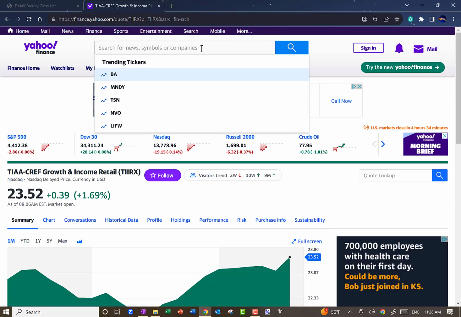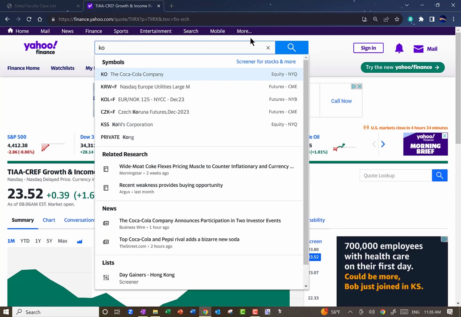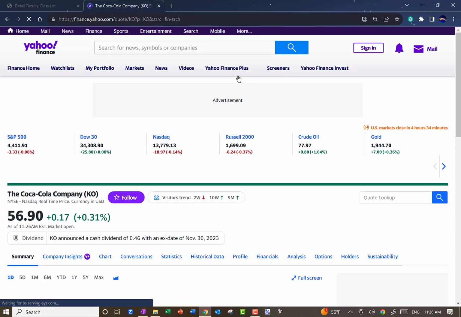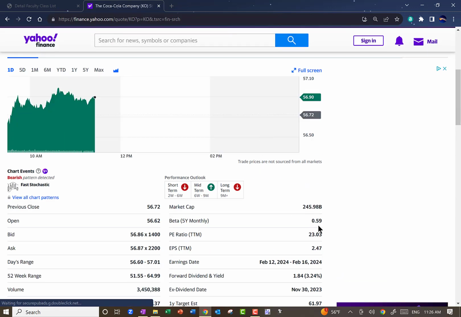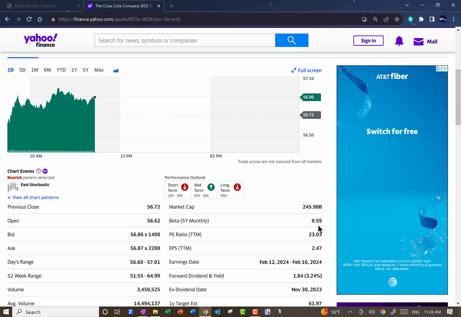For example, let's look at Coke. They have an estimated beta of about 0.60. That 5-year monthly means that beta was estimated using 5 years worth of monthly return data, using kind of a linear regression. But we're going to kind of take that as given.